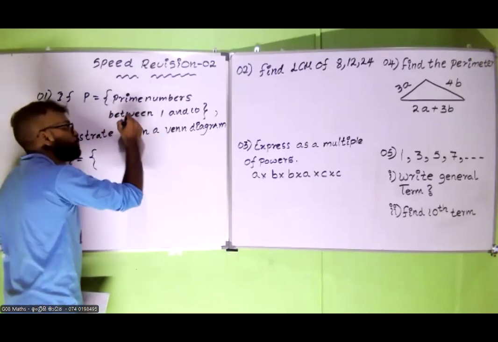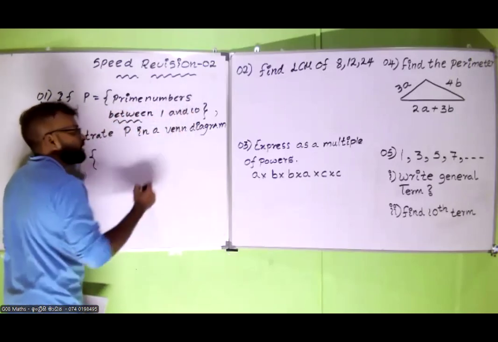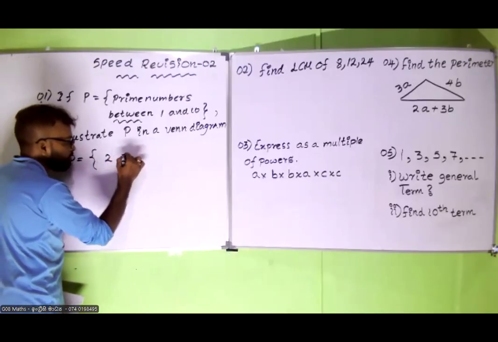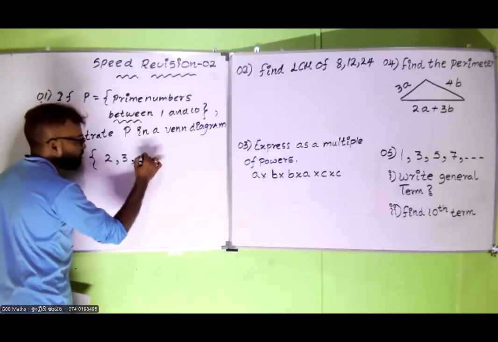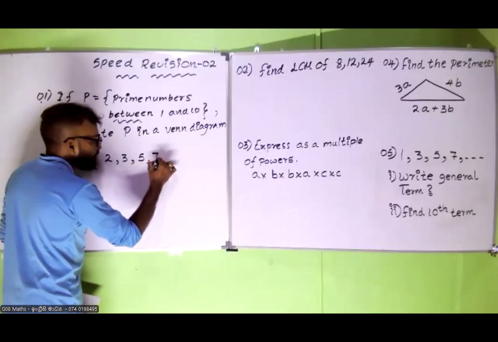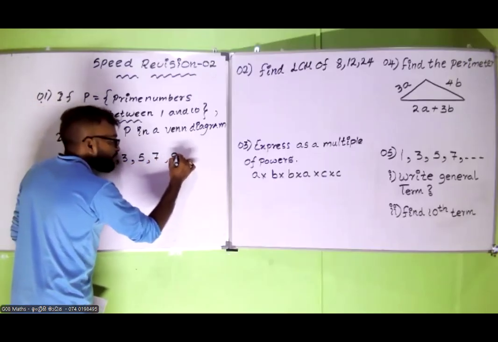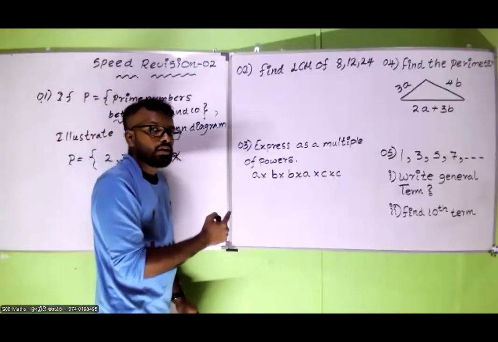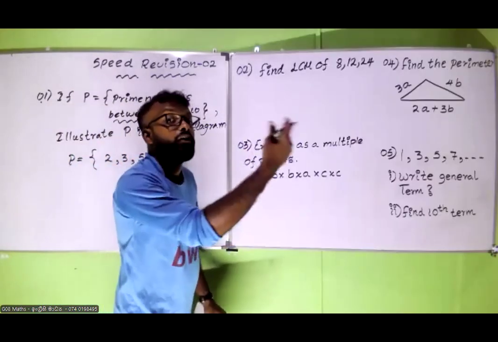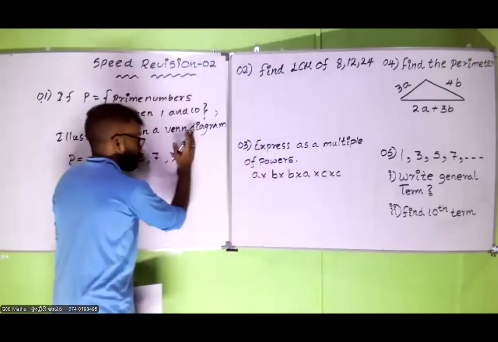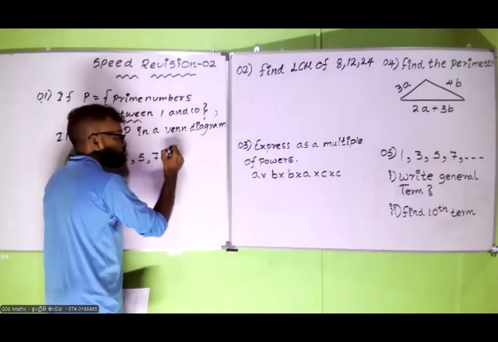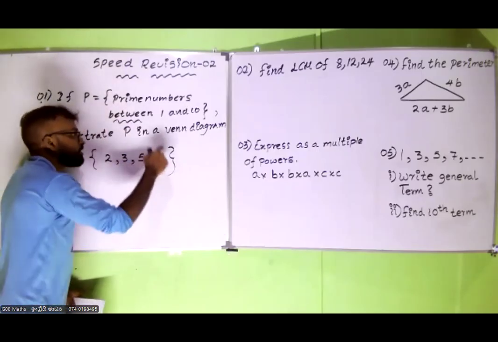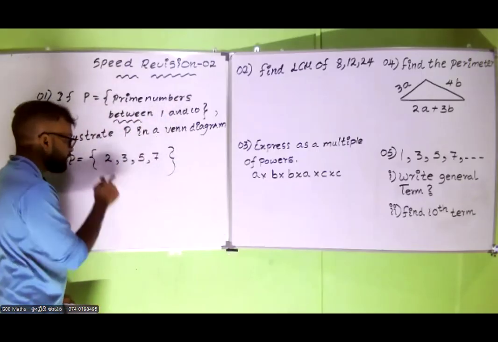What are the prime numbers between 1 and 10? The first prime number is 2, the next prime number is 3, then 5, then 7. 9 is not a prime number because it has more than 2 factors. So the prime numbers between 1 and 10 are 2, 3, 5, 7.